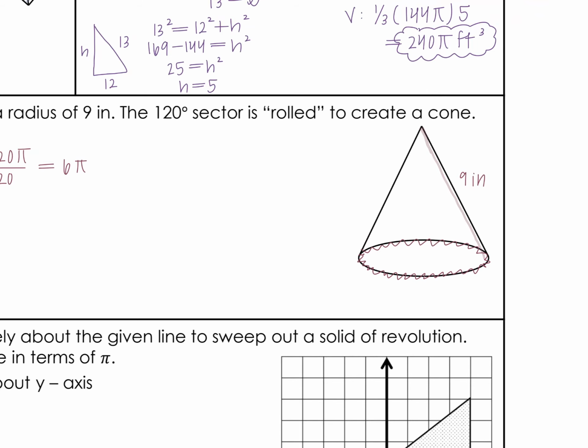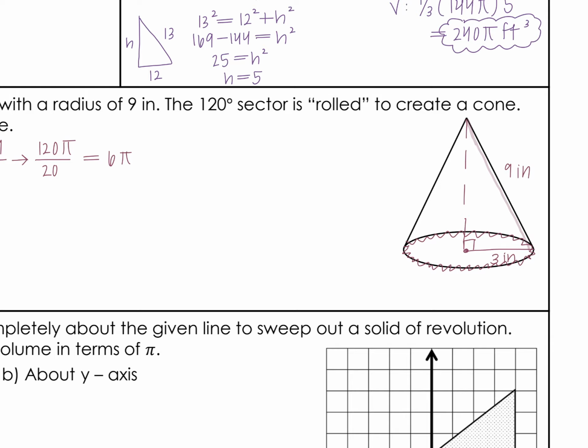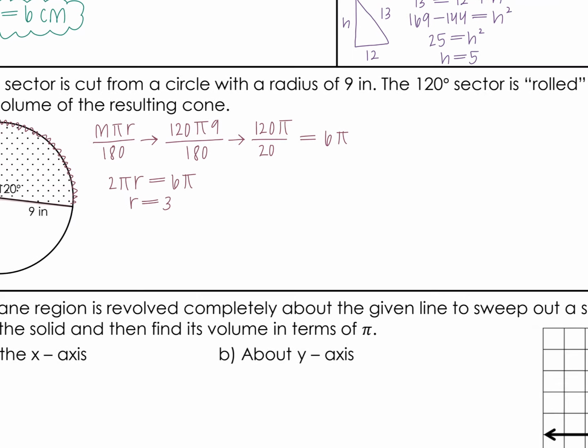So I'm going to come over here. I'm going to draw my radius of 3 inches. And since we are finding our volume, we are going to need to know the height of this cone. So in order to find the height, we're going to use Pythagorean theorem using that slant height of 9 and radius of 3.